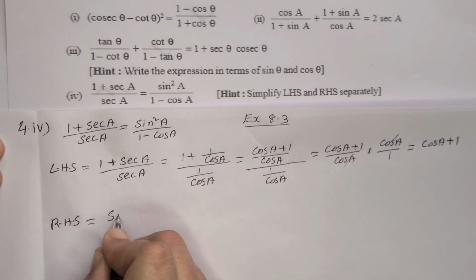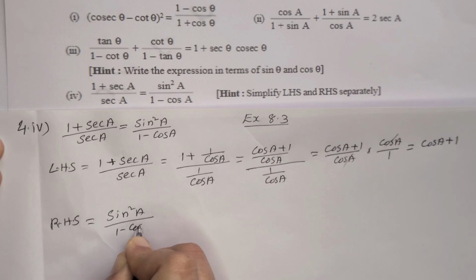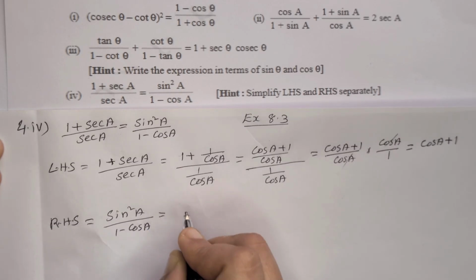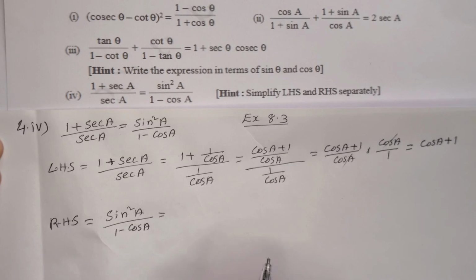RHS means sin square A divided by 1 minus cos A. So sin square A, we can write by using the identity sin square A plus cos square A is equal to 1.